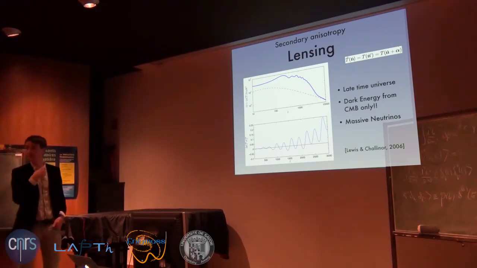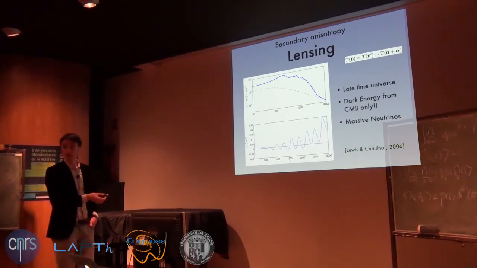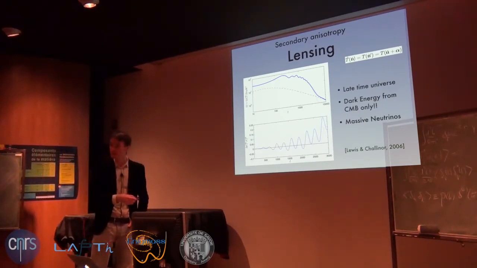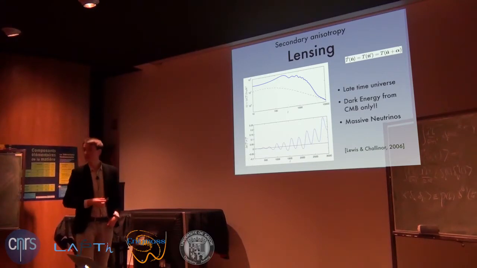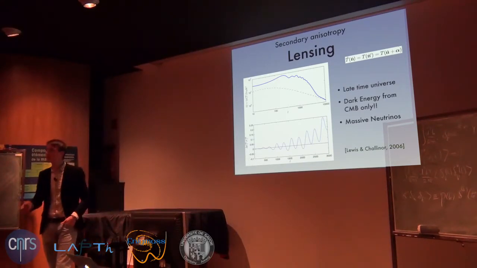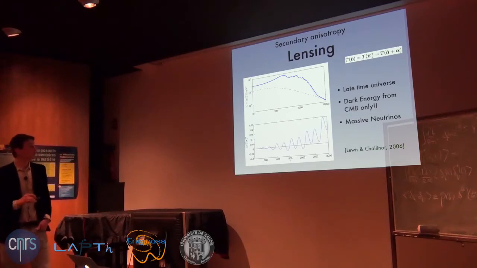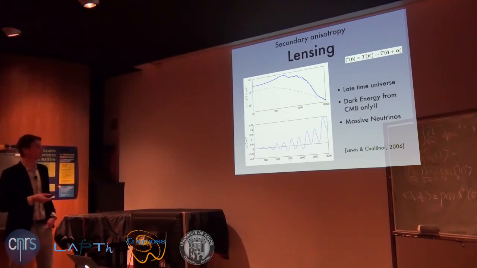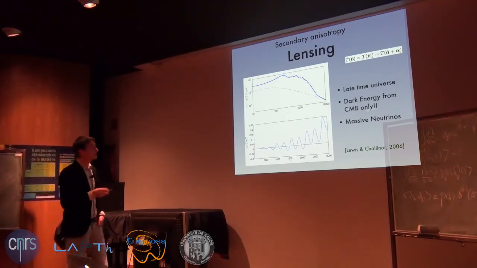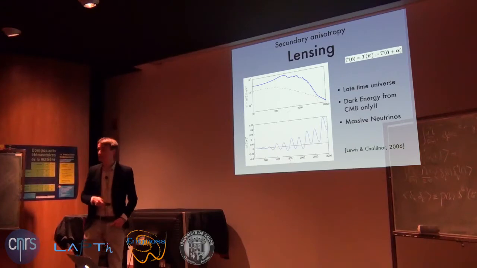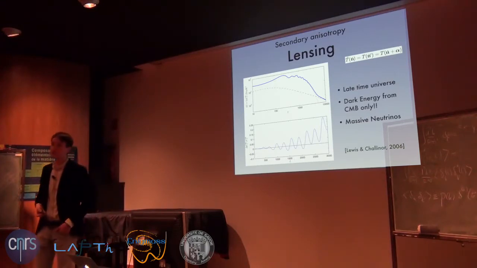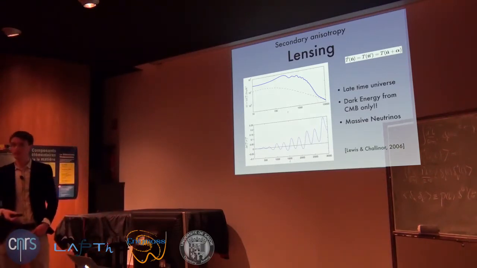So CMB is very early universe physics. Fortunately, it is all linear perturbation theory, so mathematically we can do it very rigorously and make no error. And it's a very clean signal, and already with that signal, we cannot fit the data without including dark energy. And eventually, this type of measurement should also give access to the masses of neutrinos, because they also play a role in large-scale structure, which I will try to explain tomorrow.